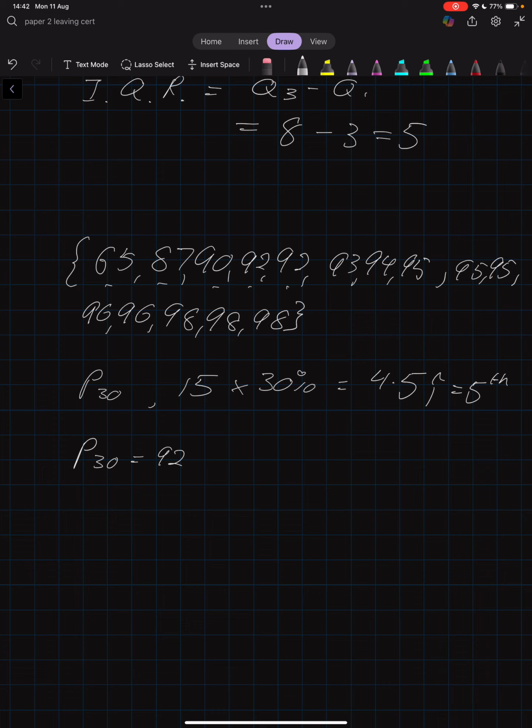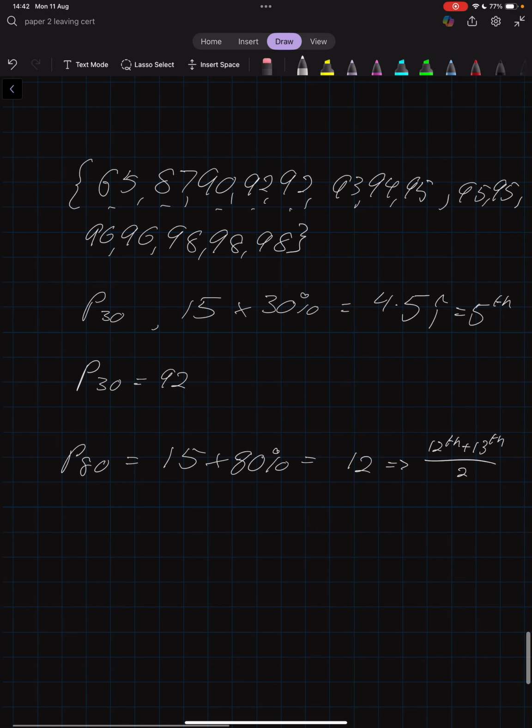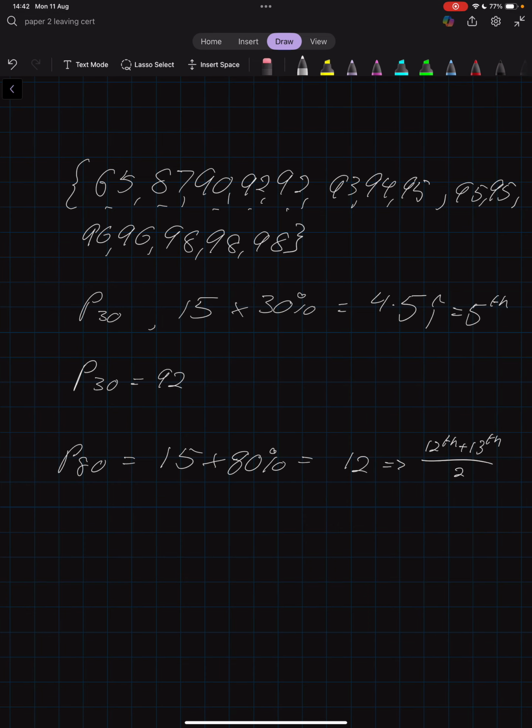Okay. P80 then is the exact same. You do 15 times 80%. Okay, and so we end up with 12. Now, whenever you get a whole number, you do the same thing as the median. You take the 12th and the 13th and you divide it by 2. So in this case, it's 1, 2, 3, 4, 5, 6, 7, 8, 9, 10, 11, 12.